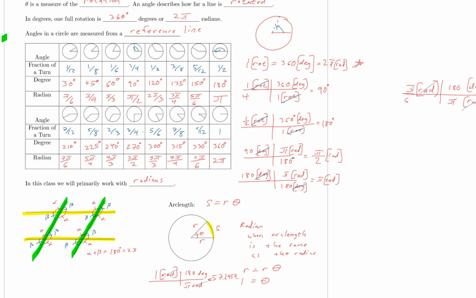We also talked about some complementary and opposite angles. And then we also talked about arc length and how we can use that to verify the definition of 1 radian, and we found that 1 radian was about equal to 57.2957 degrees.